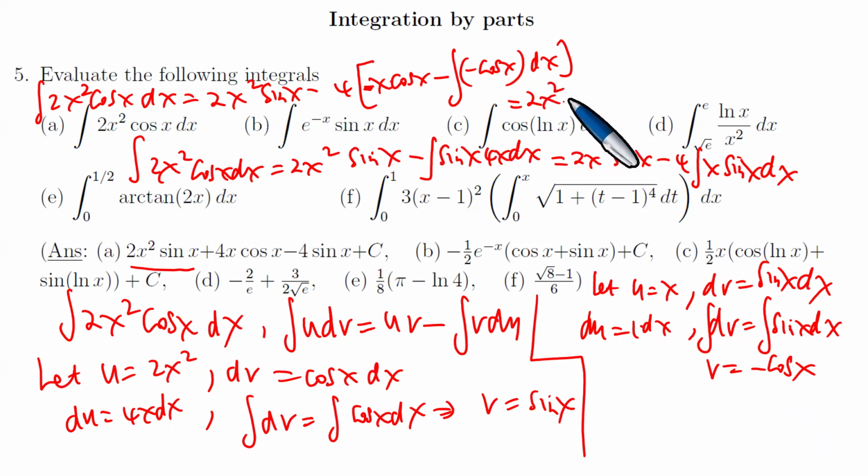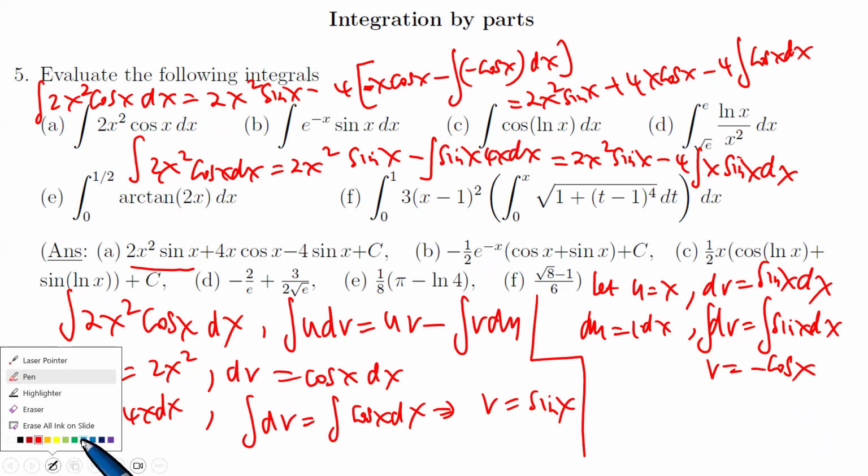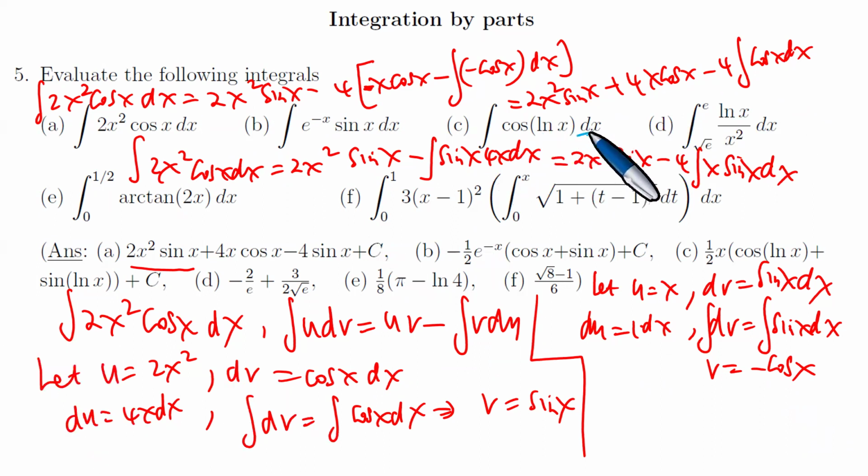The answer is 2x squared sine x. Then we have negative, negative, which gives us plus 4x cosine x, minus 4 times the integral of cosine x dx, which is exactly 2x squared sine x plus 4x cosine x.